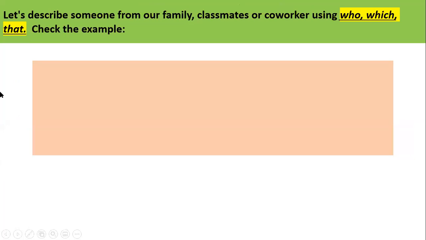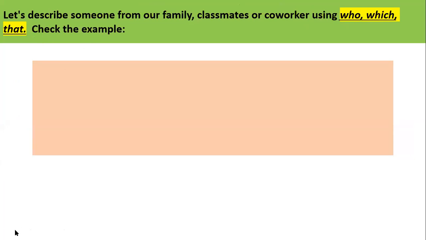And this one we're going to work on here. As the instruction says, let's describe someone from our family, classmates, or co-workers, using who, which, or that. I want you to check the example.